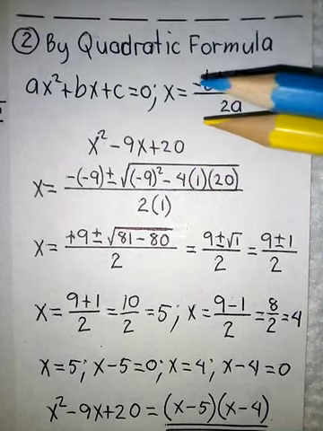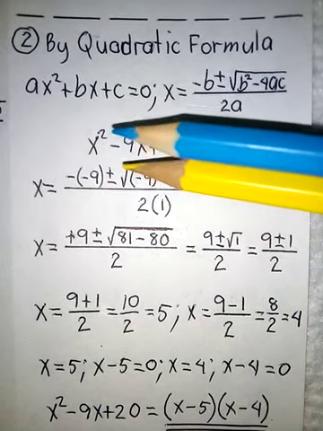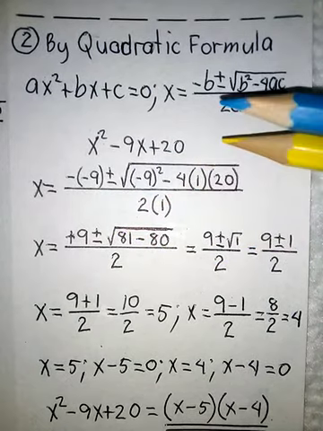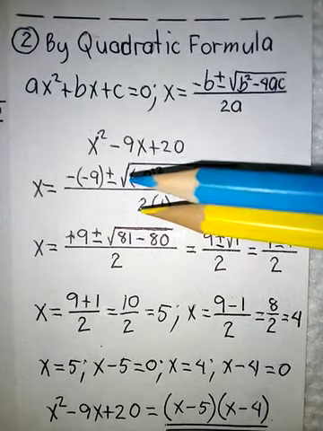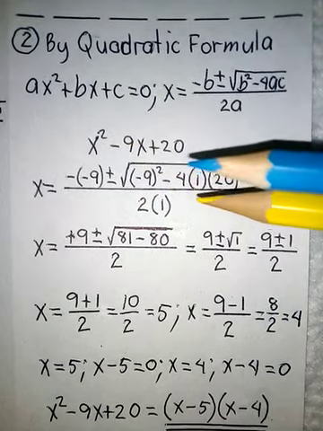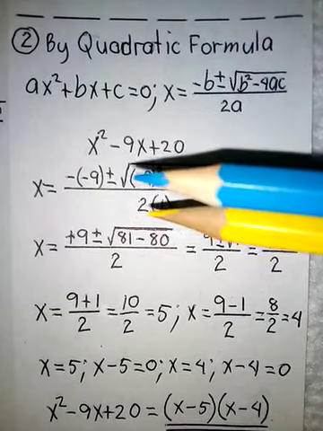So, x is equal to negative b, which is negative negative 9, plus or minus square root of b squared, quantity negative 9 quantity squared, minus 4 times a, which is 1, times c, which is 20, all over 2 times a, which is 1.